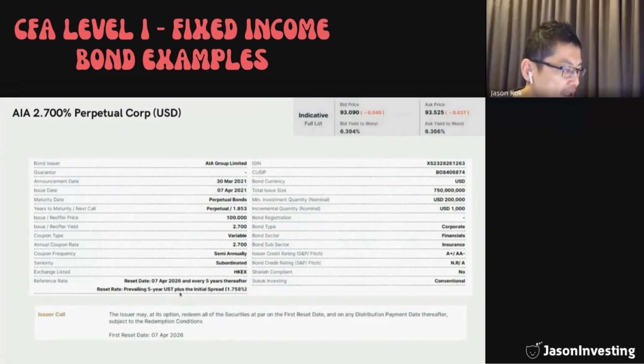So for example, if the 5-year US Treasury bond is 5%, then it'll be 6.758%. You always add a credit spread to the bond. And this is a callable bond because, although it's a perpetual bond, which means it is going to pay forever, the issuer can always call it back. So it's not strictly going to run forever.